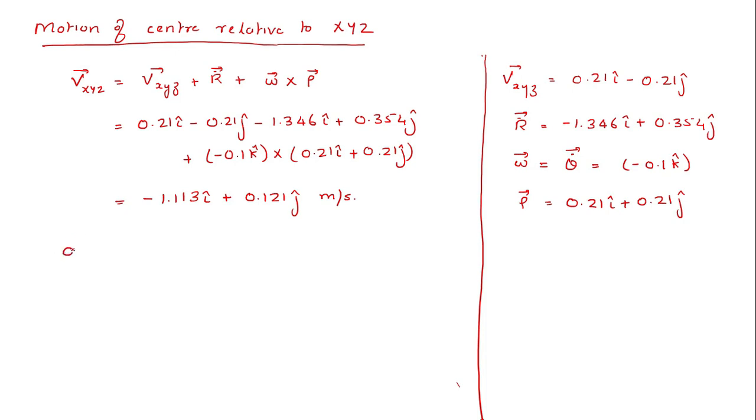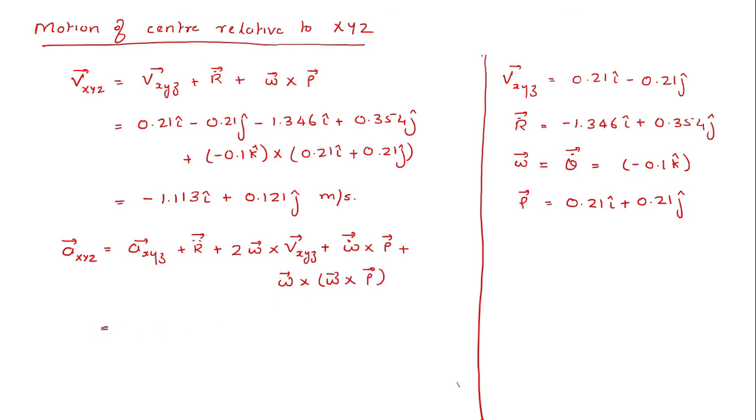Similarly, we can obtain the corresponding acceleration of the center of the cylinder relative to the fixed reference capital XYZ, that is equal to A small xyz plus R double dot plus 2 omega vector cross V small xyz plus omega dot vector cross rho vector plus omega vector cross omega vector cross rho vector.